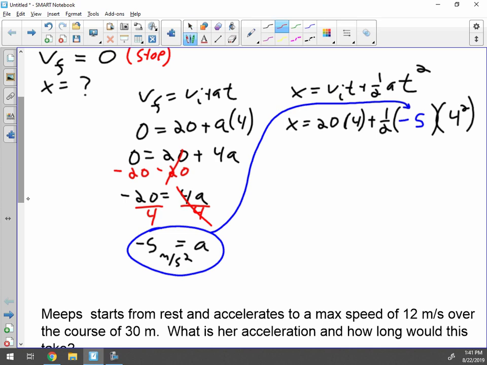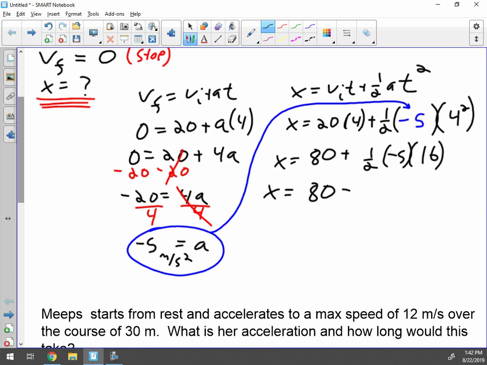My goal over here is to find the distance, and that's what I'm solving for right here with my x. So I would have x equals 20 times 4 is 80, plus 1/2 negative 5, 4 squared is 16.